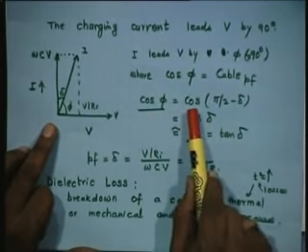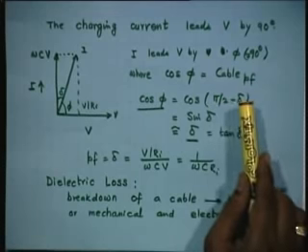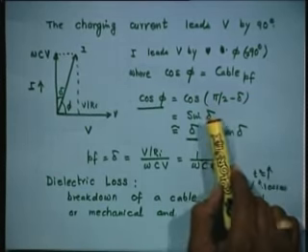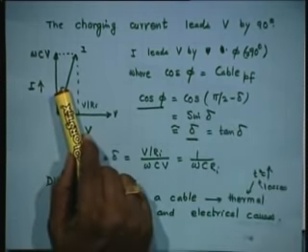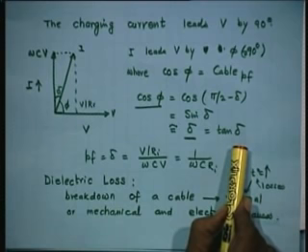Cosine phi is also equal to cosine of pi by 2 minus delta, that is trigonometry you must have done in your 9th class or 8th class, I do not know. So, cosine of pi by 2 minus something is sine of the same angle, that everybody knows, and when delta is so small, the sine of a small angle is the angle itself, and this is also the tangent.